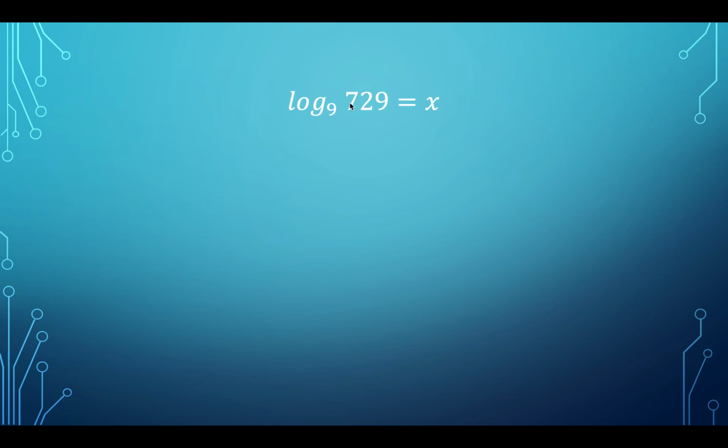Well, I know 9 squared is 81, so our exponent has to be over 2. So then I like to go ahead and put it in my calculator. 9 to the power of 3, what does that give us? Well, 9 to the power of 3 gives me 729, so our x is equal to 3.